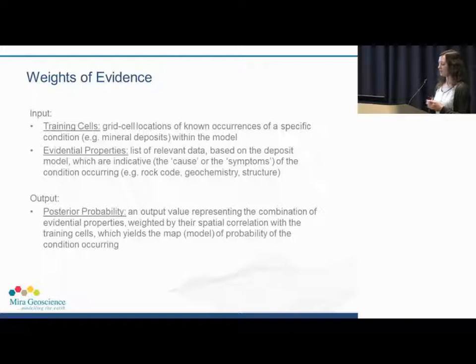Often, the result is actually not officially a probability model. And that's because we can't say that it's a probability if we don't have conditional independence between evidence layers. If there's a relationship between evidence layers, or a similar relationship between evidence layers and the deposit or the training cells, then you don't have an official probability.